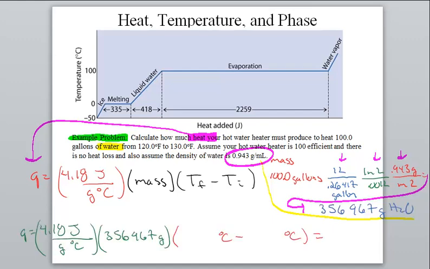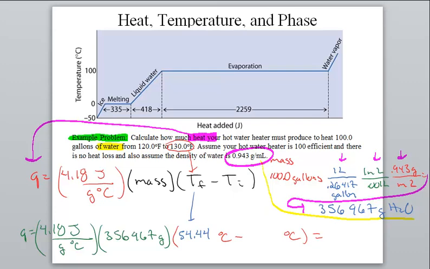The next step is to convert our temperatures from Fahrenheit into Celsius. The final temperature is 130 degrees Fahrenheit, so that's our T sub F. And converting that into Celsius, that temperature is around 54 degrees Celsius.